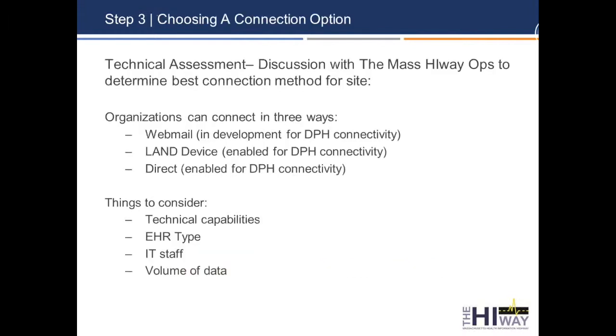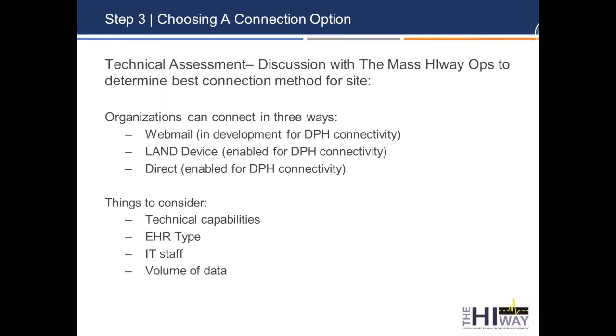Once you've submitted your agreements either to the contact information that we'll provide you later or to your client relationship manager, the three specific connection methods that we have to the Mass Highway are webmail, a LAN device, and a direct connection. Both the LAN device and direct connection are currently enabled for DPH connectivity. Webmail is in development for DPH connectivity.